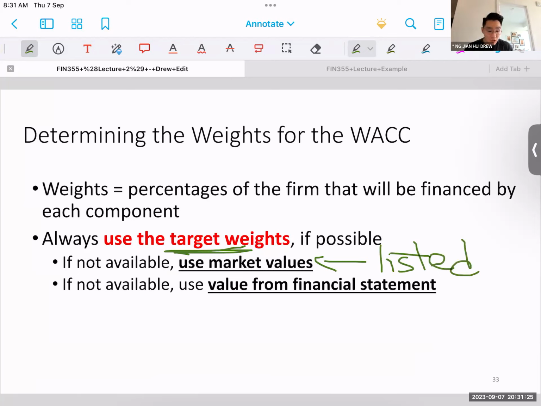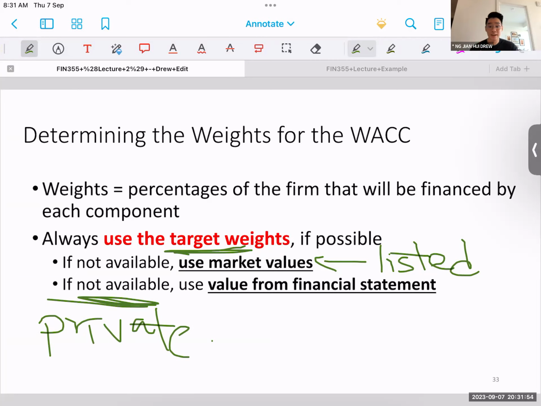But if it's not available, and this is purely if it's a private company, meaning there is no market information, then you use the financial statement values: what is the book value of debt, or what is the book value of equity.